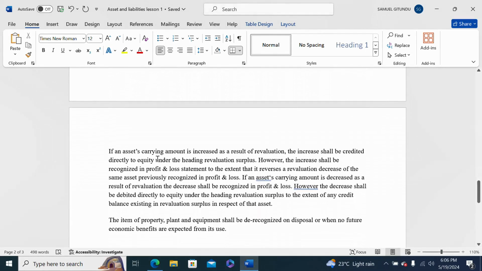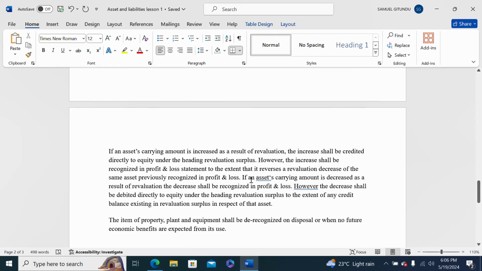So if an asset's carrying amount is increased as a result of revaluation, the increase shall be credited directly to equity under the heading revaluation surplus. However, the increase shall be recognized in profit and loss to the extent that it reverses a revaluation decrease of the same asset previously recognized in profit and loss.